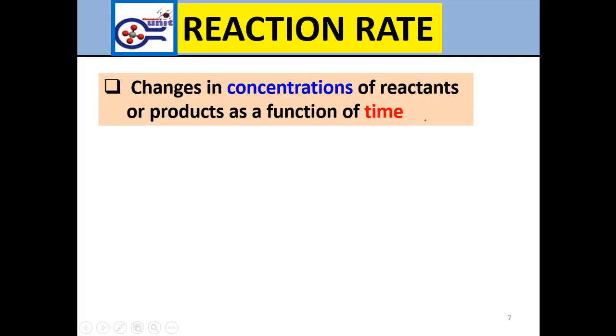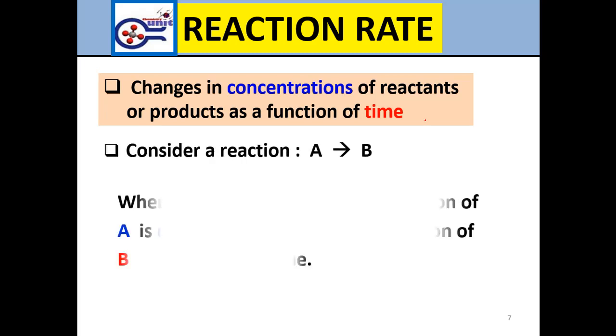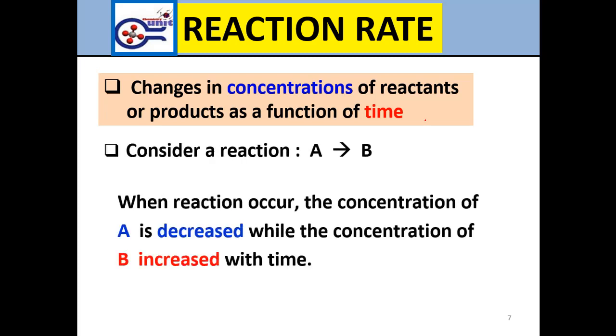So first of all, you kena faham the definition of reaction rate lah. So basically reaction rate tu refers to changes in concentration of reactant or product over time. So in a general reaction lah, katakanlah reaction tu daripada A ke B. So apa yang you perlu faham, as the reaction goes on, concentration of reactant kita akan berkurang lah.